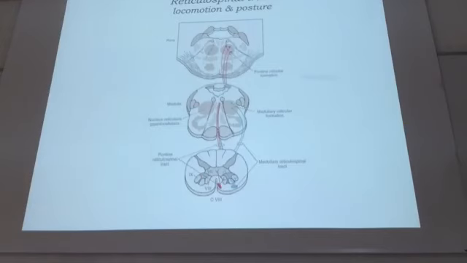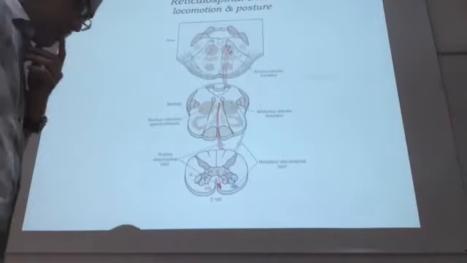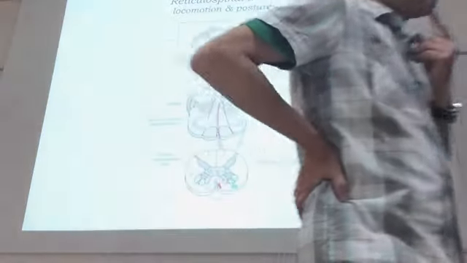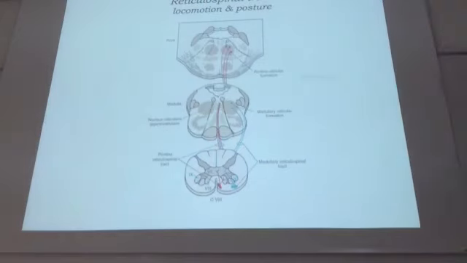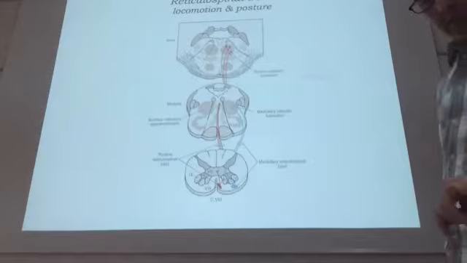One such example is the reticular spinal tract. It helps regulate locomotion and posture. And these fibers don't tend to cross. They stay on the same side, the ipsilateral side, not contralateral as we've seen before.